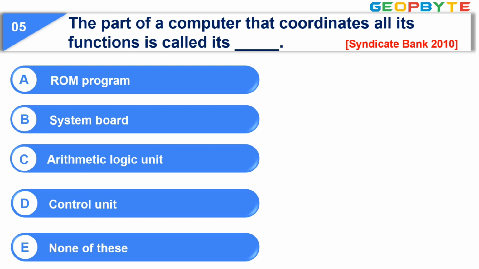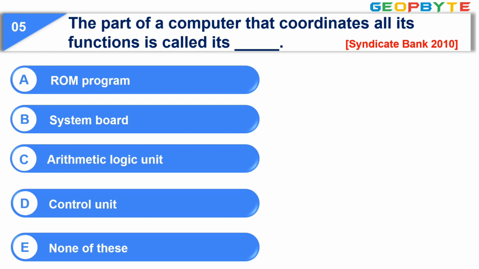Next, option B system board. System board will consist of different ICs and the connections between those ICs, memories, all those. Option C is arithmetic logic unit, which is responsible for performing all arithmetic and logical operations. And option D is control unit.